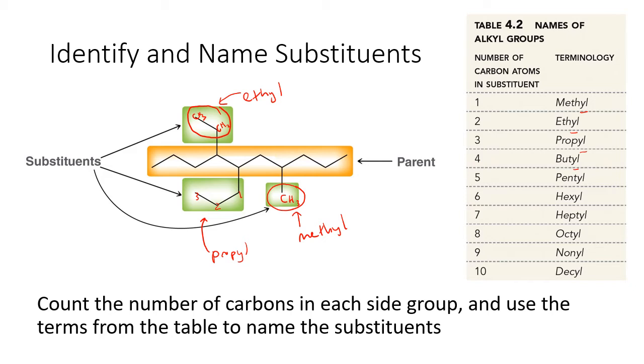So once you know the names of your regular alkane groups, you should be able to name the alkyl groups as well. So 1 through 10, we have methyl, ethyl, propyl, butyl, pentyl, hexyl, heptyl, octyl, nonyl, and decyl. For you to have a 10 carbon side chain, you would need a parent chain with 11 carbons or more.